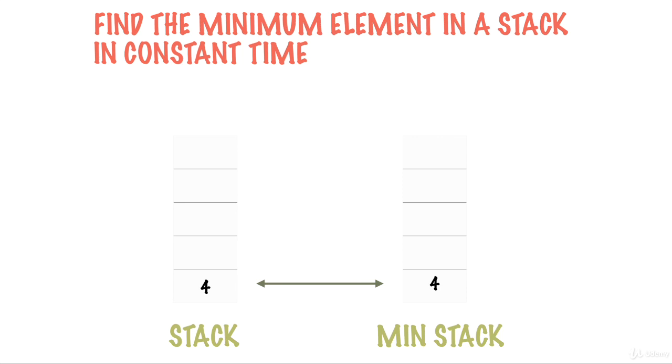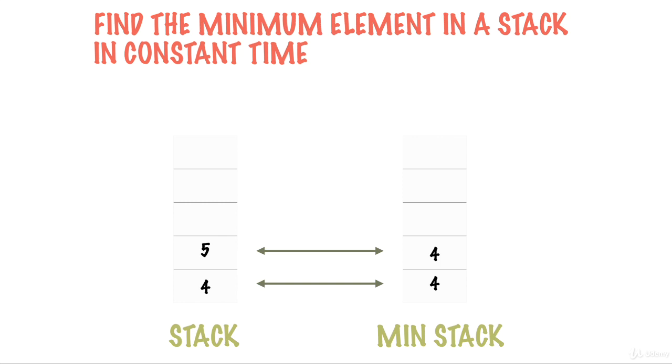So we add 4 to the min stack. Now, let's say we want to add 5 to the original stack. We'll compare this value 5 to the value on the top of the min stack, which is 4. The minimum in this stack is still 4, so we re-add 4 to the min stack. So for the two elements we have on the stack right now, the minimum is 4.